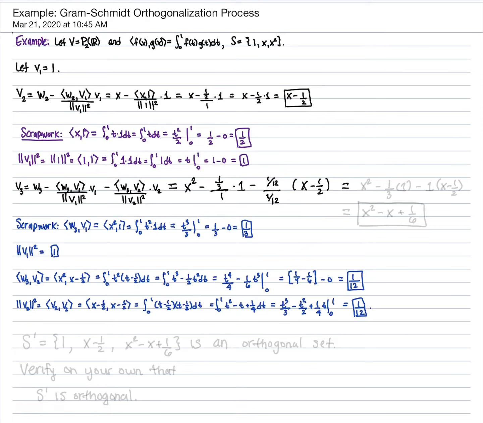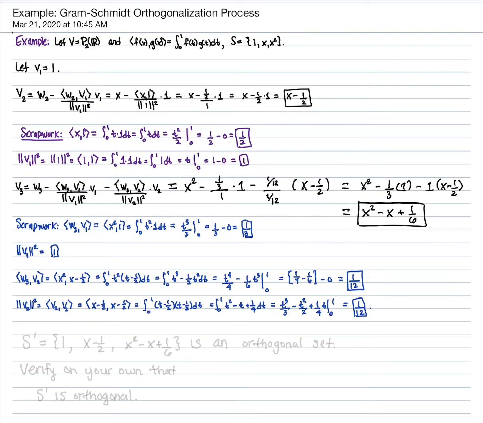And then that simplifies to give us x squared minus 1/3 times 1 minus 1 times x minus 1/2. And that simplifies to give us x squared minus x plus 1/6. So there's our V3.